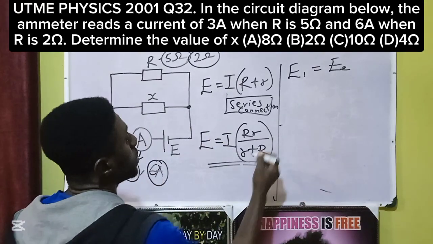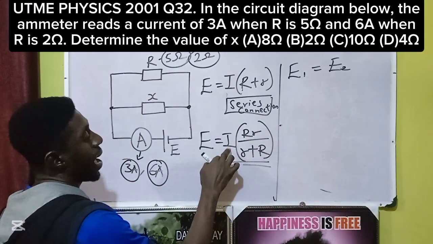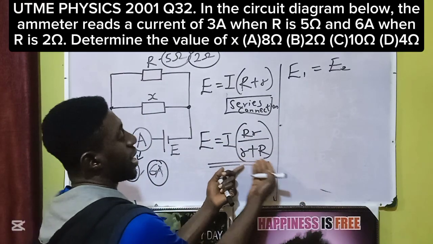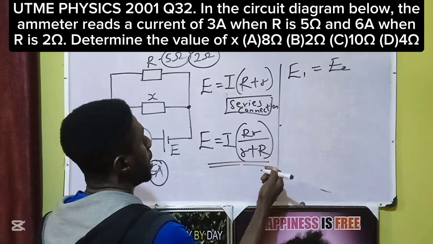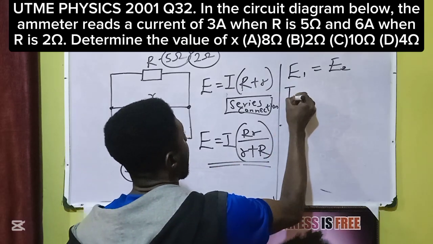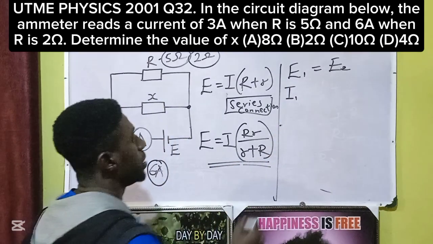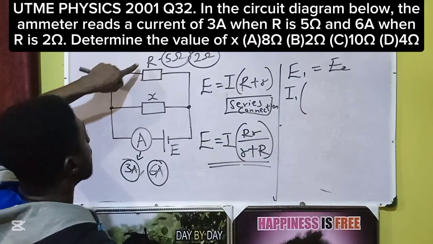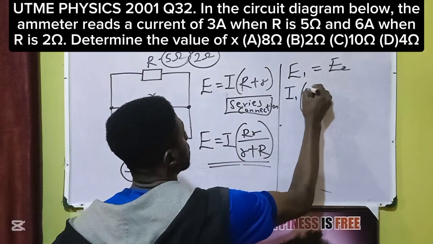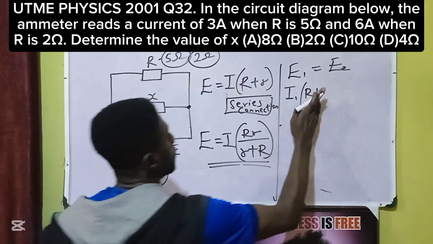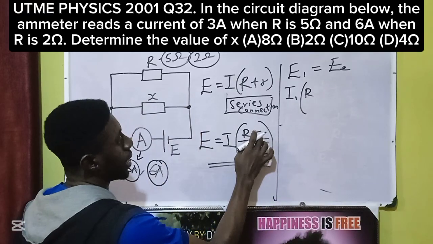Therefore, I can now say, since EMF is I, open bracket, everything here for parallel connection, I can now pick the first part. I in the first experiment, open bracket, the capital R in the first experiment, multiply, follow the formula.